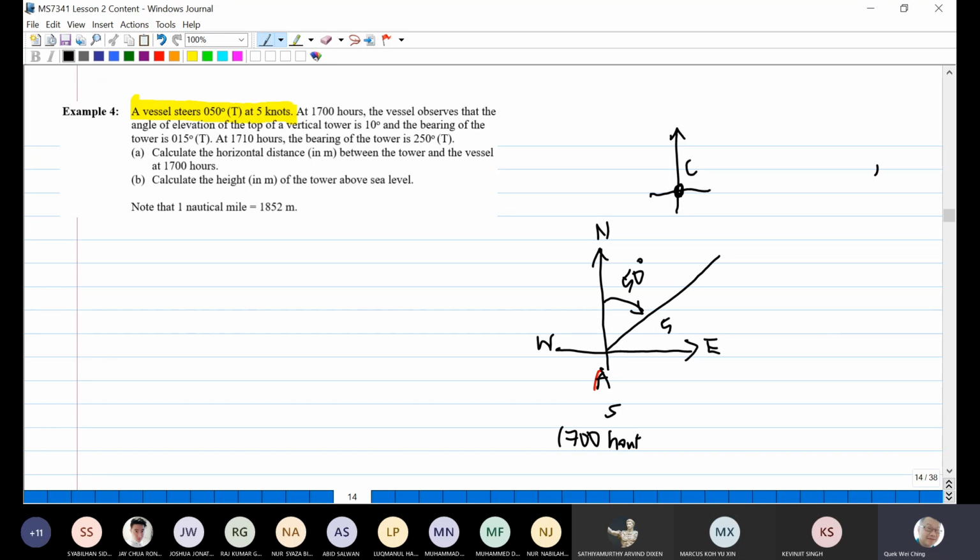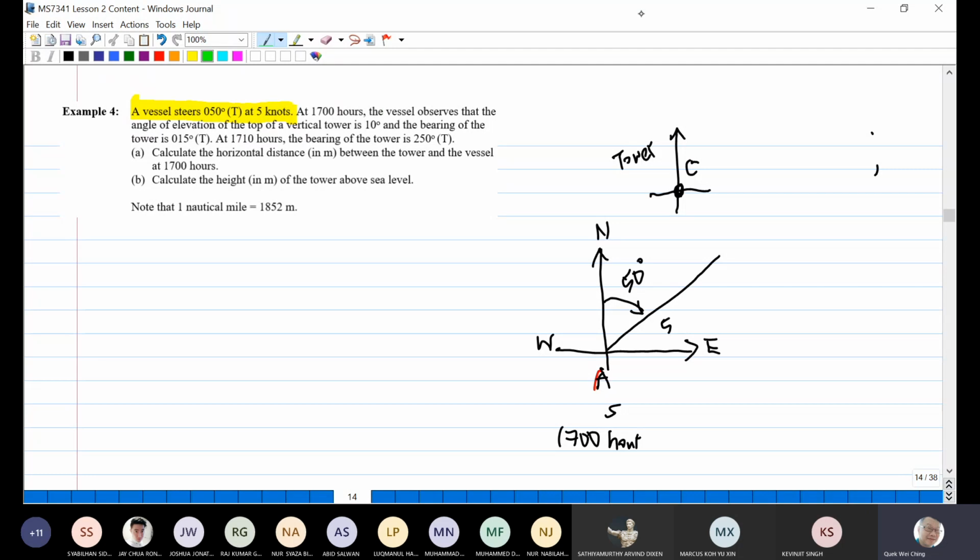You can just name that. So, tower C. There's a tower here. The bearing of the tower is 015.